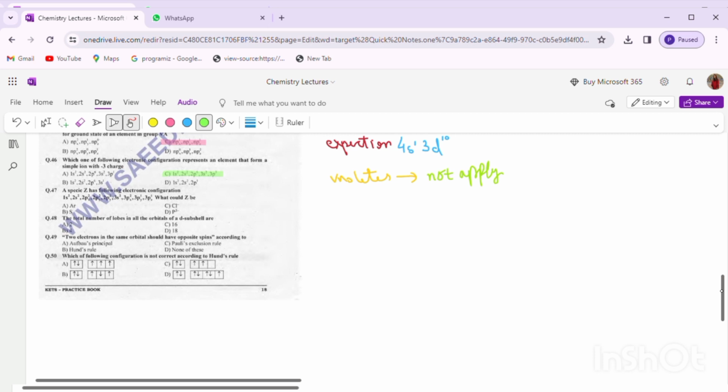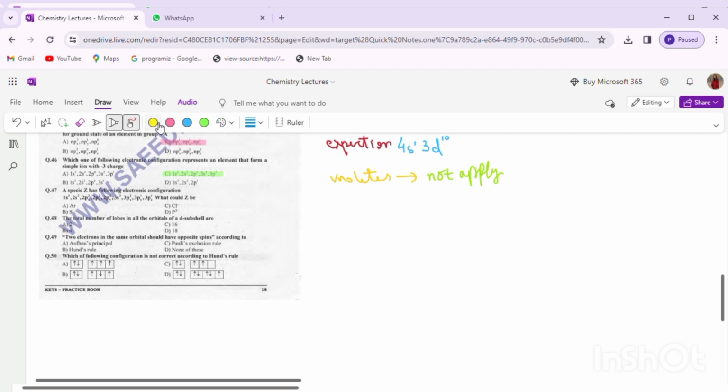So we need to identify. If we are going with chlorine, we know that it has 17 electrons, right? So 2 plus 2, 4, 5, 6, 7, 8, 9, 10, 11, 12, 13, 14, 15, 16, and chlorine has again gained 1 electron, right?